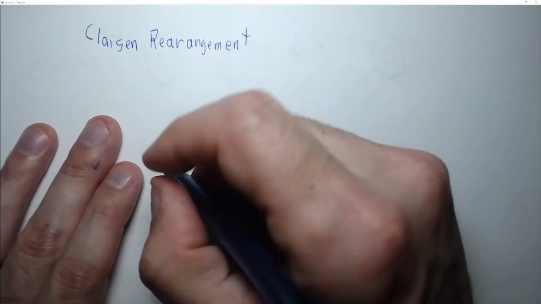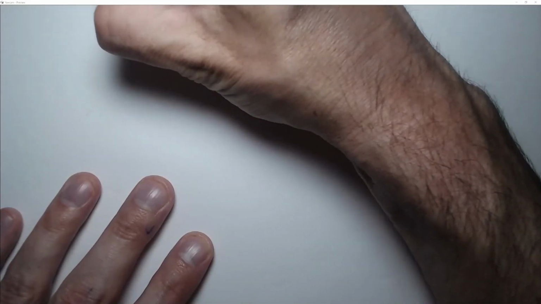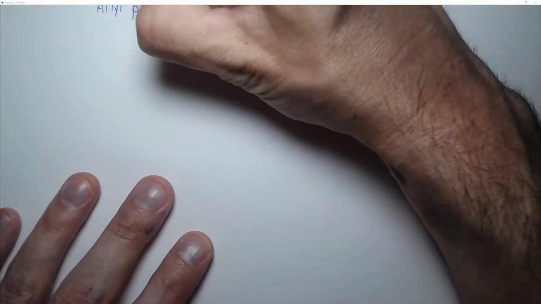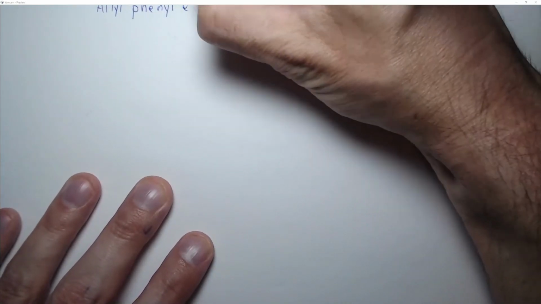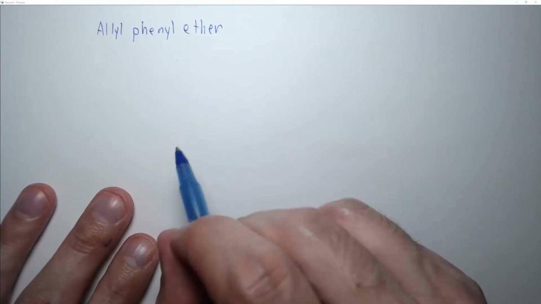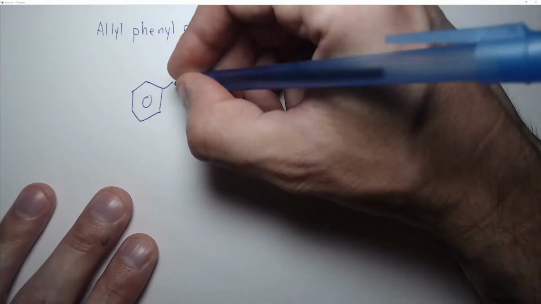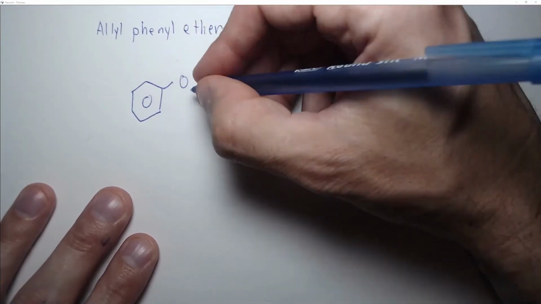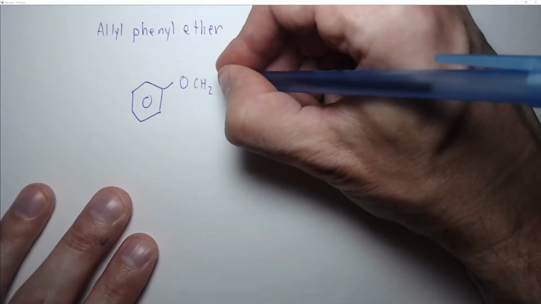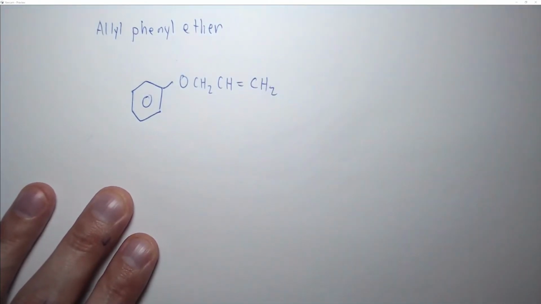In the Claisen rearrangement, we start with, and this involves, an allyl phenyl ether. Let me move that down so you can see it. Let me draw an allyl phenyl ether. We have an O, CH2, CH, double bond, CH2.